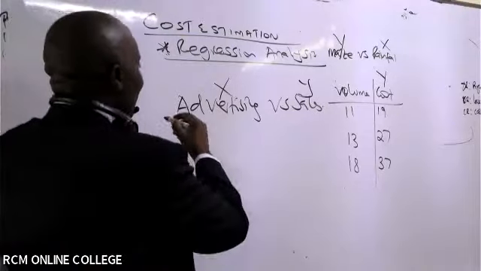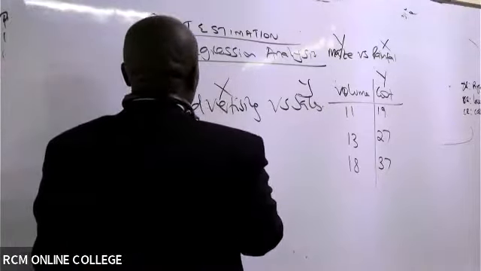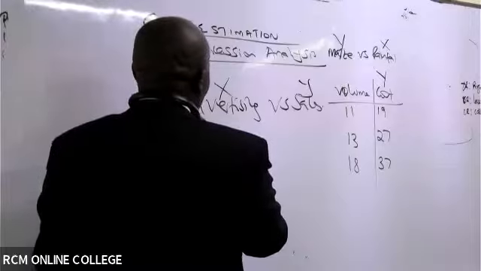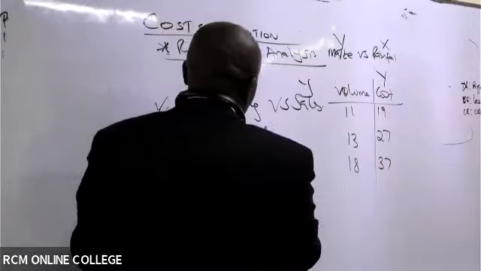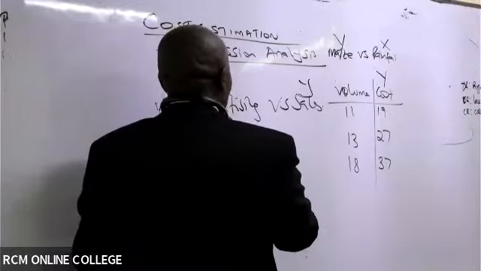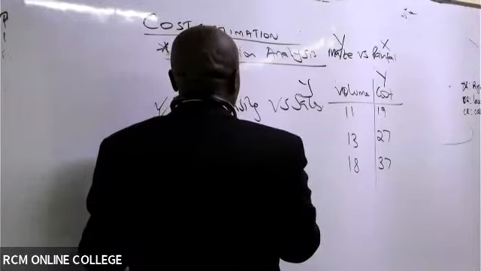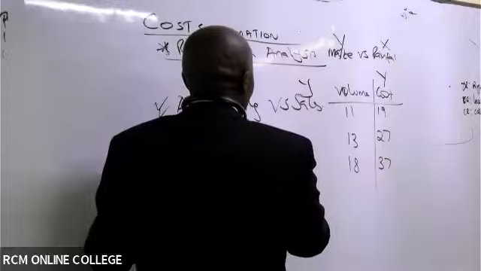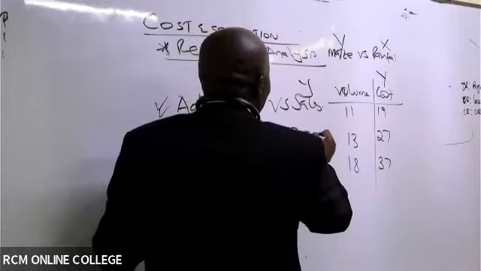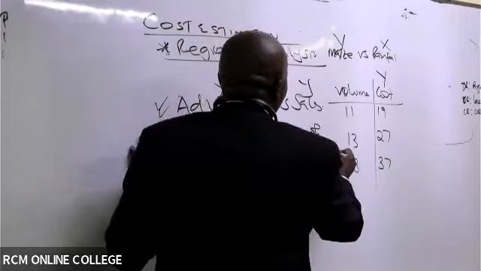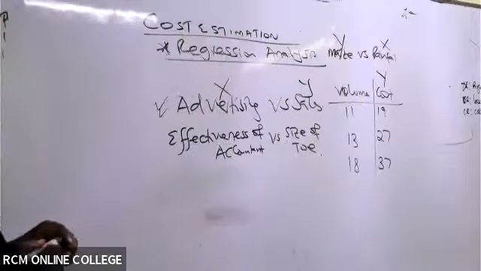The last one. Let's see here. If you get this correctly, even if I don't have money today, I give you 500 bob. Effectiveness of an accountant versus the size of the toe. Size of the toe.